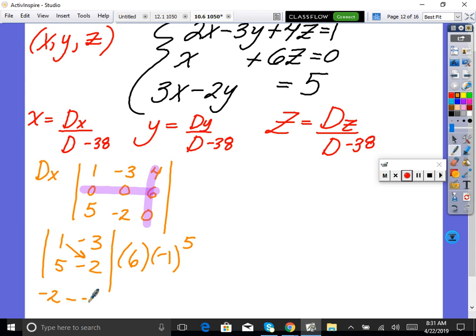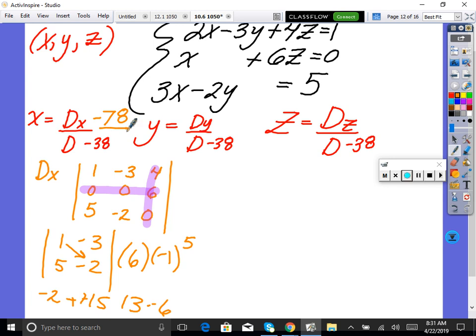-2 minus -15. 15 minus 2 is 13 times -6. I think it is negative 78. Yeah, negative 78. So what is x?